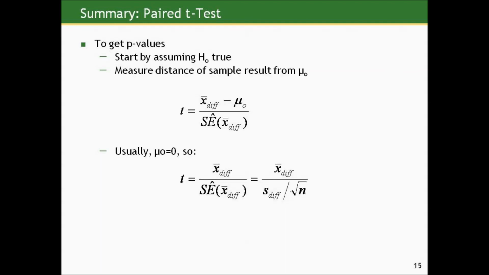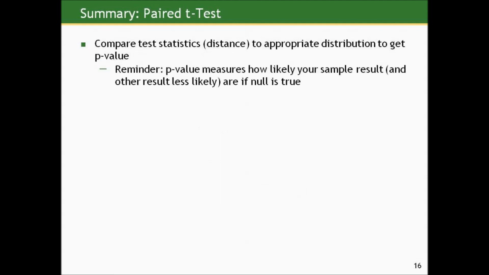And then to get p-values, we start by assuming the null is true, of no difference between the groups. We measure the distance of our sample result from the null mean, mu naught, but usually that mu naught is 0 in almost all cases. So the distance becomes taking our observed mean difference and dividing by the estimated standard error. And then we compare this distance measure to the appropriate sampling distribution to get a p-value.